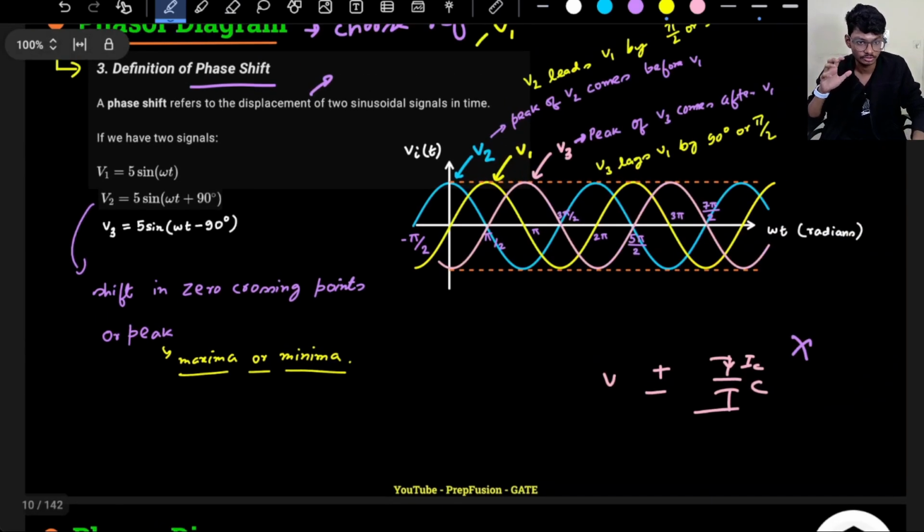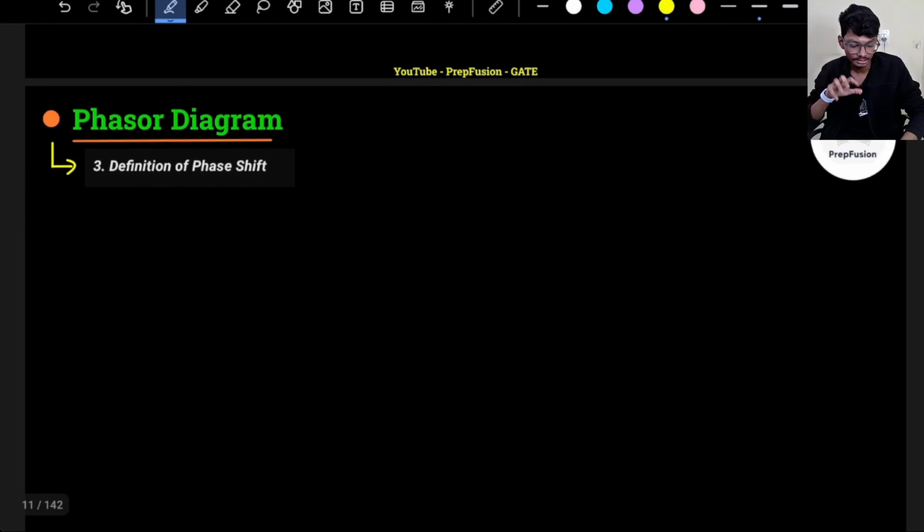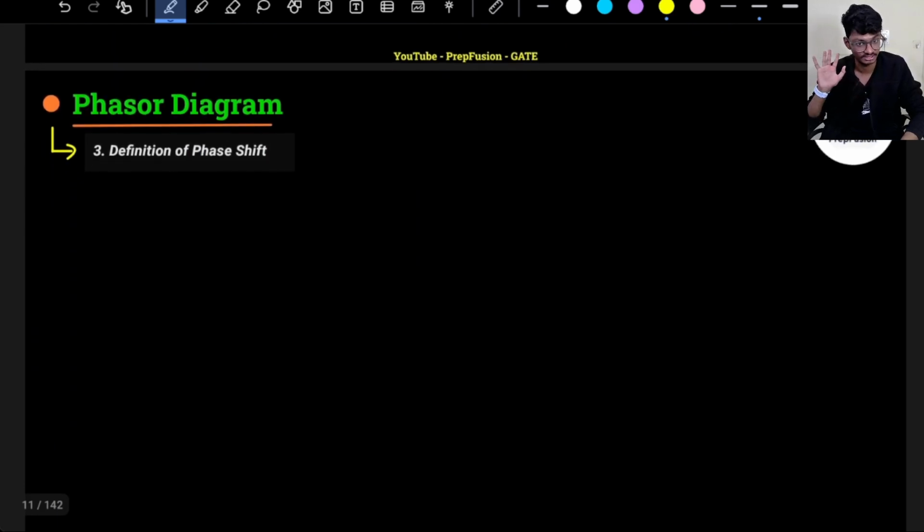So I hope you have understood. I hope a few misconceptions are also cleared, because lag and lead does not mean that the waveform will come fast or later.